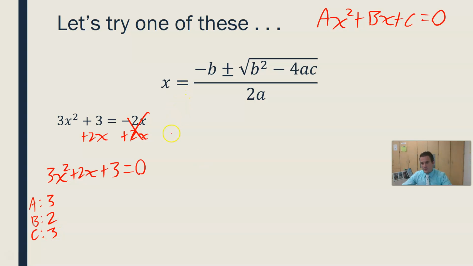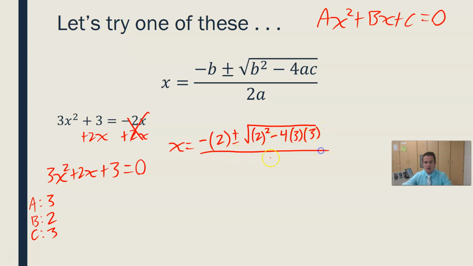Okay, let's take a look at this. So I have x equals negative b, which is negative 2, plus or minus the square root of b squared, so 2 squared, minus 4 times a times c, 4 times 3 times 3, all over 2a, or 2 times 3. That's my quadratic formula.